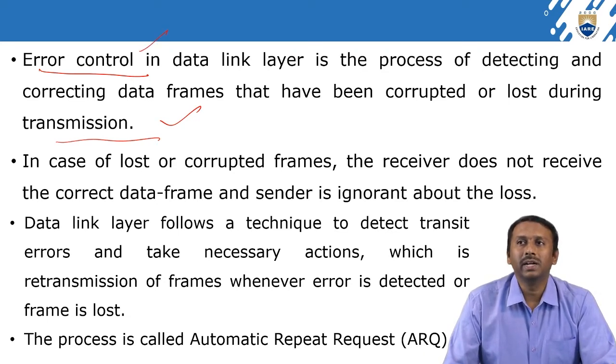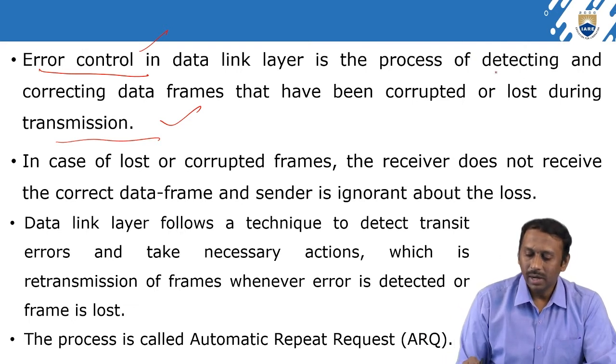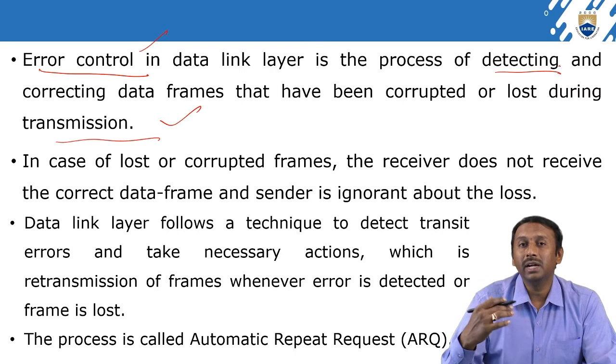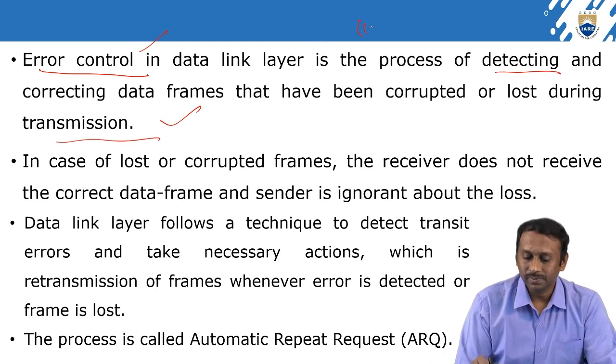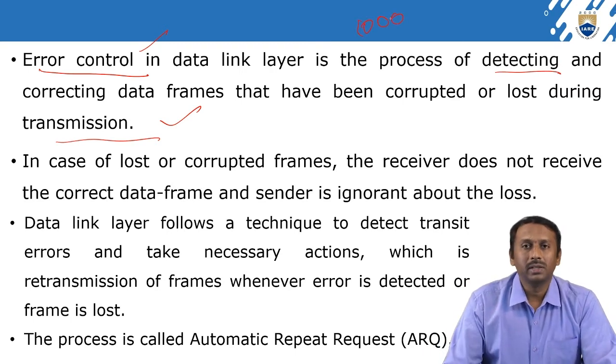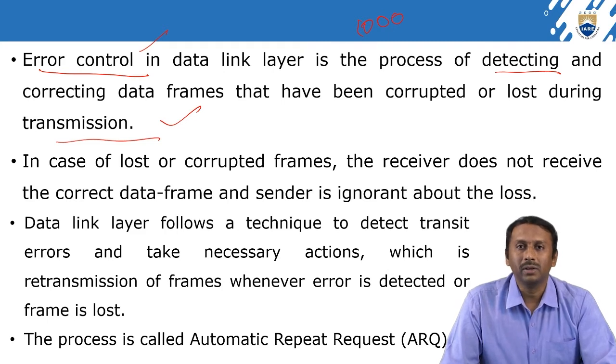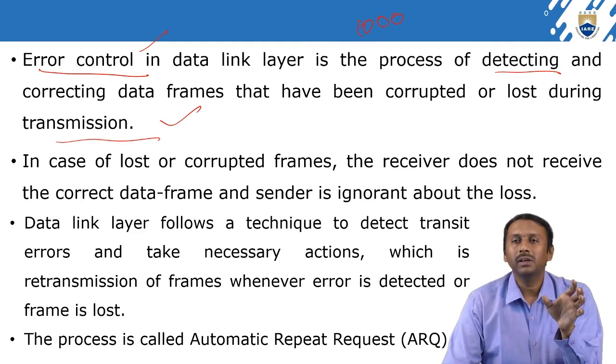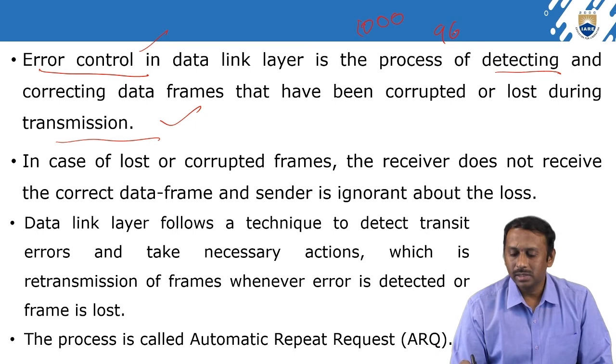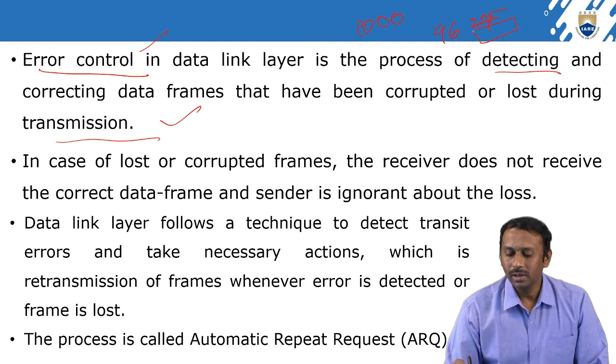Okay. So if data loss occurs during the transmission, it has to identify where the data is lost. For example, you are sending a 1,000 page document, and somewhere on the 96th page, on some 20th line, one line is going to be missing.